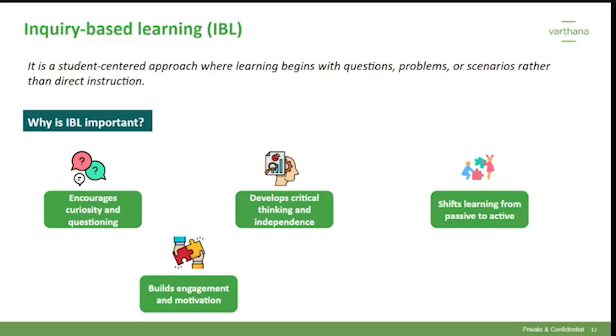Then comes building engagement and motivation. When you are actively participating, your curiosity is more and you're critically thinking, so there is a lot of engagement and motivation. Even other students start participating. Whatever doubts they have in their mind, they keep on questioning. Automatically there is engagement and motivation.